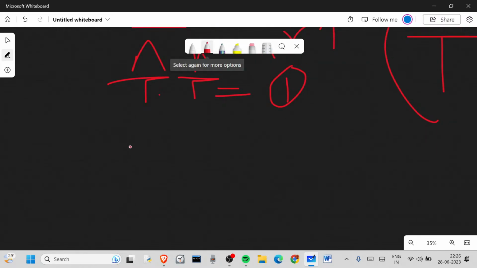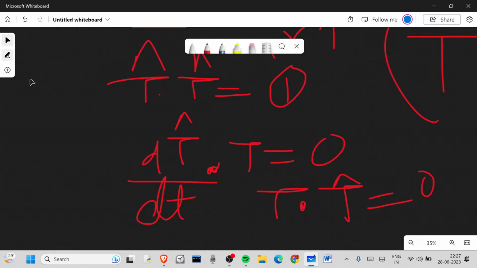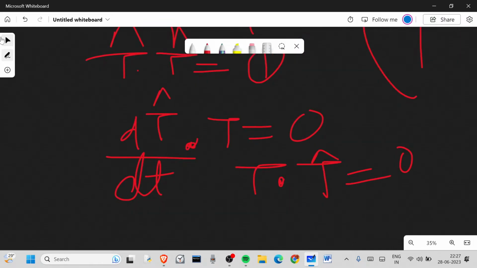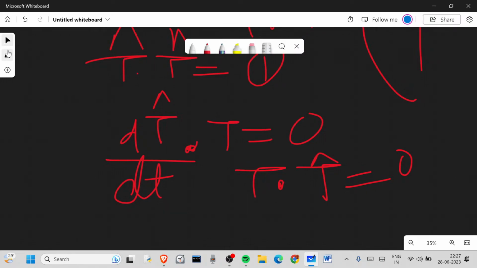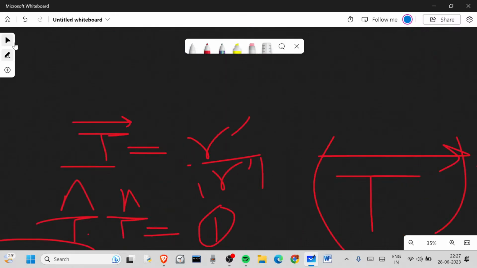Now I'm taking the derivative on both sides, which gives T dash dot T is 0, which convinces us that T cap dot T dash is 0. This means that T dash and T cap are perpendicular. And if T dash and T cap are perpendicular, then T dash is along the normal vector, and hence we prove the first of the three formulae.